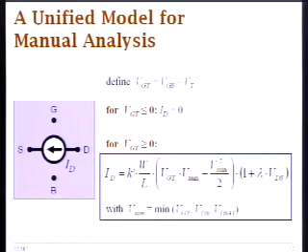You should remember this model because it actually captures all modes of operation of a MOS transistor. For VGT less than 0, you have cutoff mode, and for VGT greater than 0, you have a unified formula for all 3 modes of operation: linear, saturation, and velocity saturation.